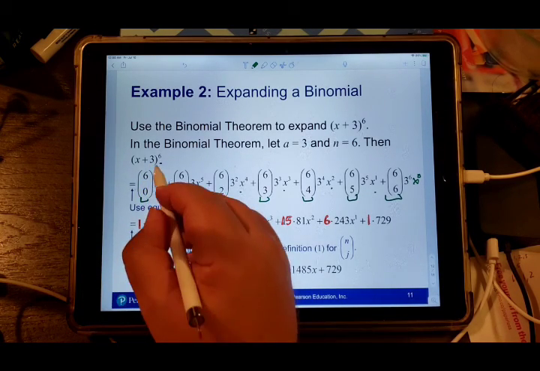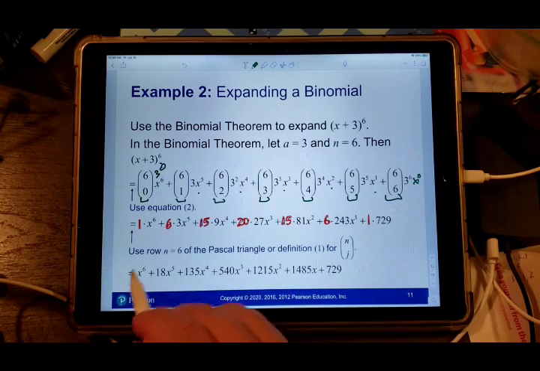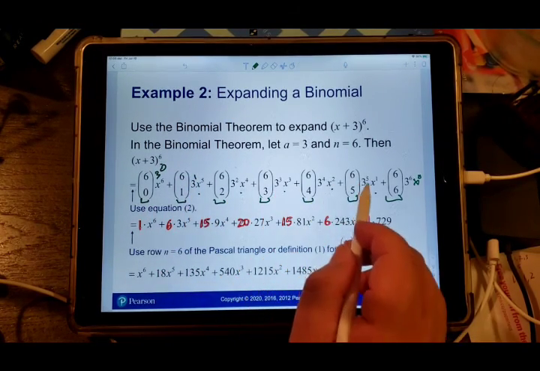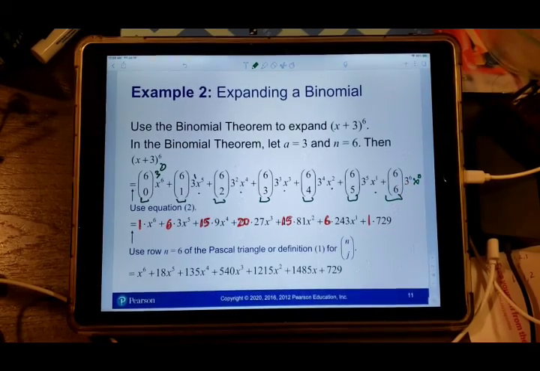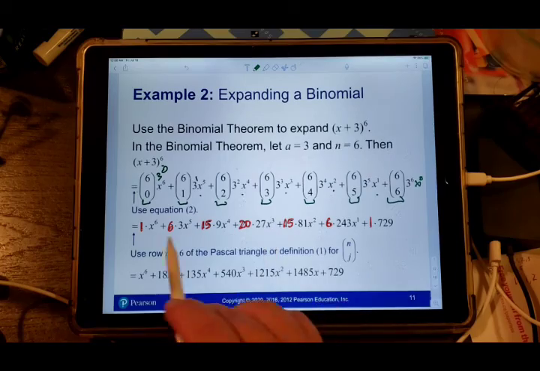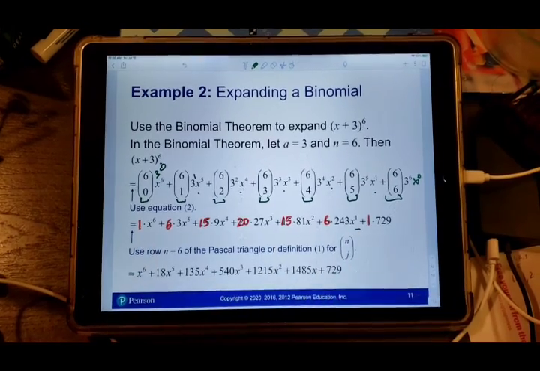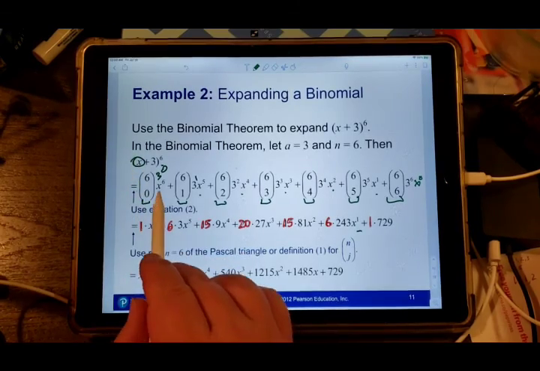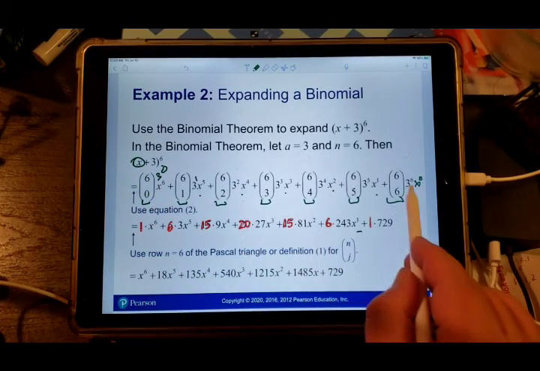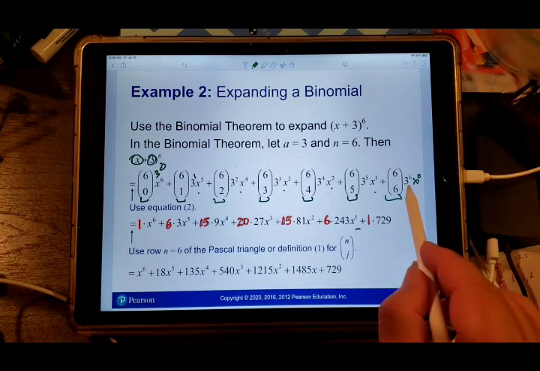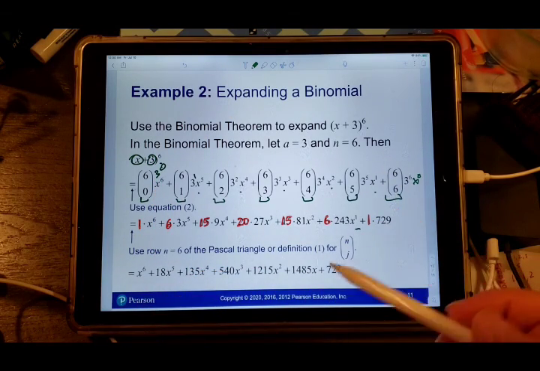It starts off with 0 and it goes 1, 2, 3, 4, 5, 6. If you put those three patterns together, the pattern of the numbers given by Pascal's triangle, the pattern of the first term starting at 6 and going downhill, and the pattern of the second term starting at 0 and going up. That's it. Those three patterns.